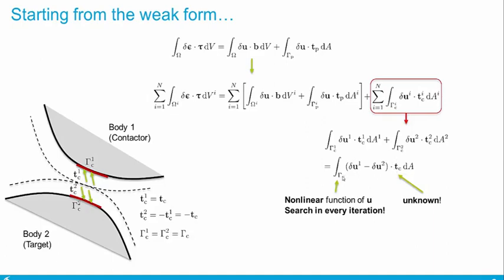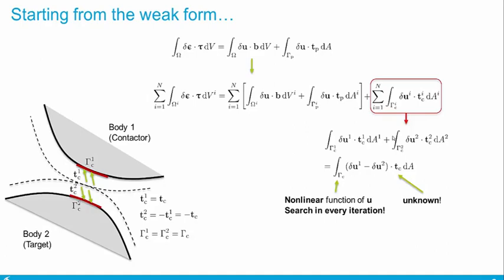Gamma c is also unknown, but we can establish a relationship between gamma c and u. Based on the current displacement field of body 1 and body 2, we can find which part is coming into contact. So this is, although complex, possible. So now we have two unknowns with one equation. There are two possible ways to solve this problem.